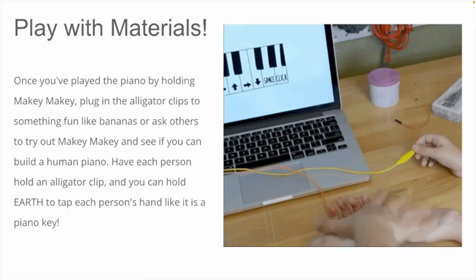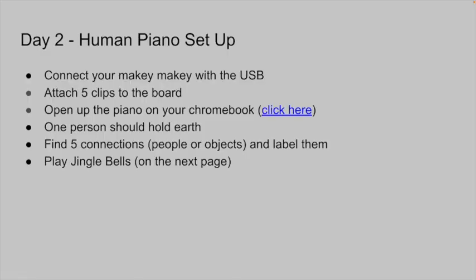And then the next time they come, I give them an actual challenge: they're going to play a human piano, and they hook each other up. It takes 5 kids, and each kid holds on to a little clip. And then the controller person who is in charge is going to touch their flesh on them somewhere, their forehead or their nose or the top of their hand.